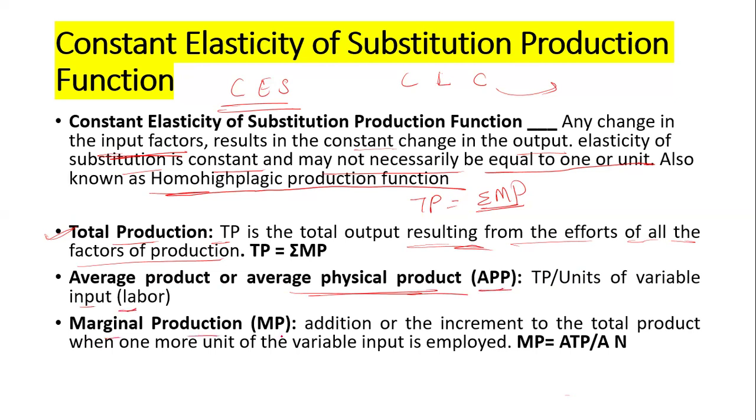Then the marginal product, MP, is the addition to total product when one more unit of the variable input is employed. That means if we add one more unit, that is the marginal product, ΔTP divided by ΔN.